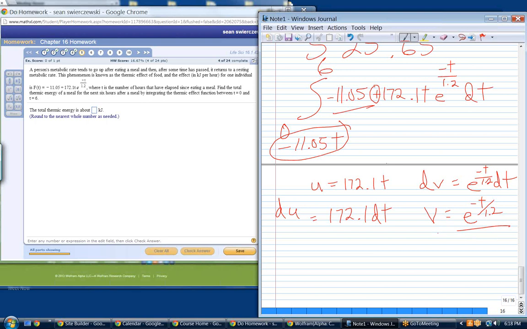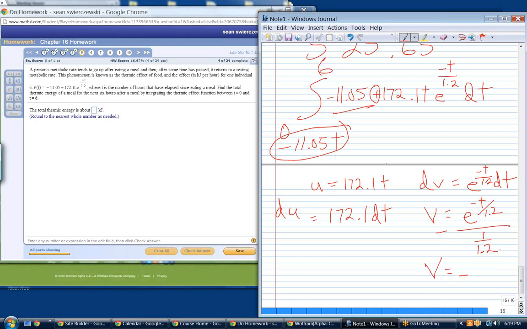Well, it's 1 over 1.2. So it's divided by, put the negative sign there, 1 over 1.2. That's the coefficient of t. It's negative 1 over 1.2. So are there two negatives? Not really. One of those negatives goes with the exponent, the other one goes in front of the fraction. So here's what v really is. v is negative.